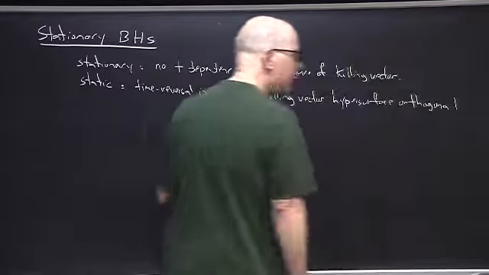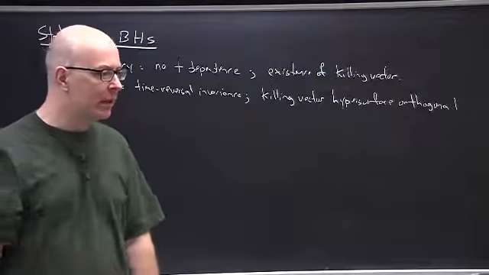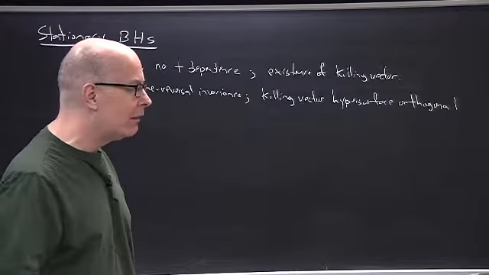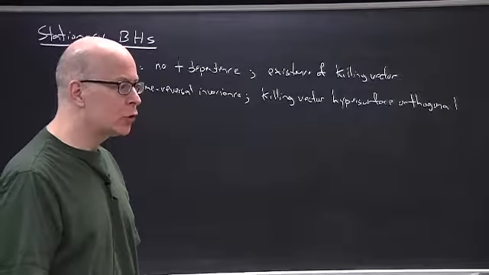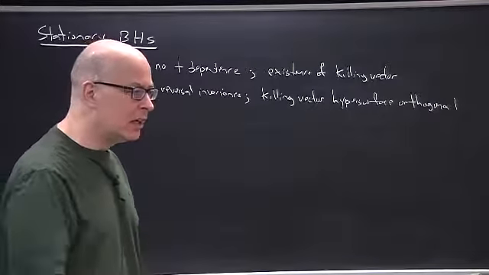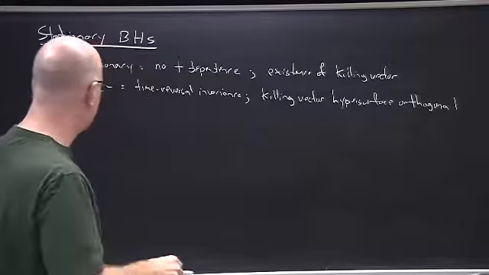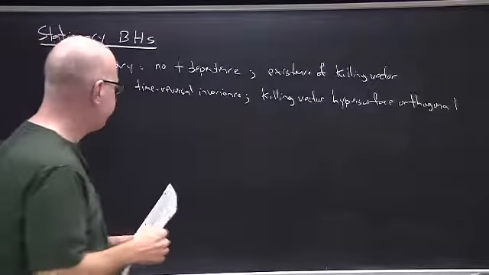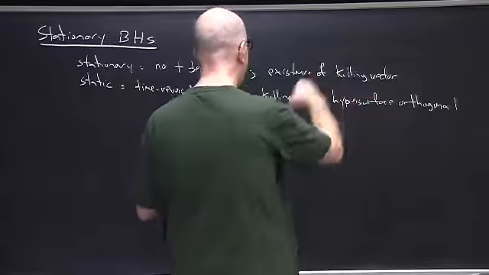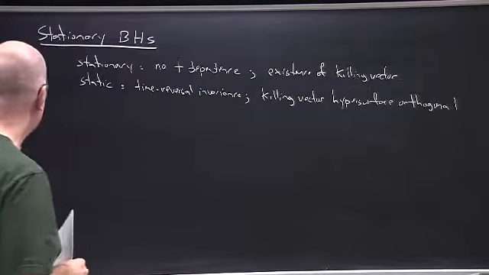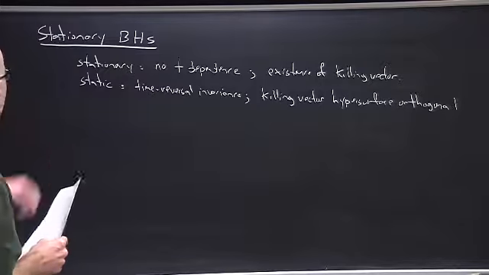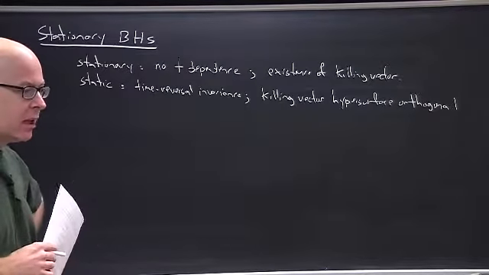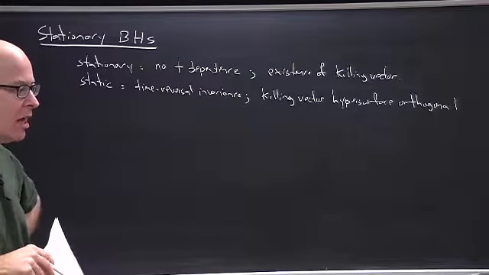That's in the sense of Frobenius, where I don't care that the Killing vector is not associated with a congruence of geodesics. We have the more general version of the Frobenius theorem that tells me that the Killing vector will be hypersurface orthogonal if there's a mathematical condition associated with that we remember from a while back. But that's an extra condition on the Killing vector that makes the spacetime that was stationary static.